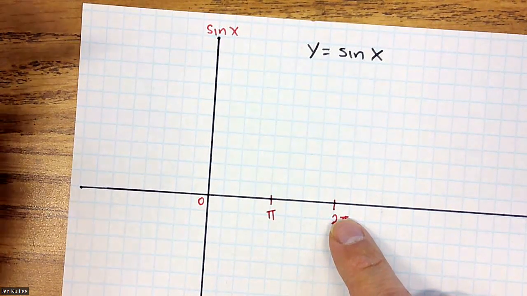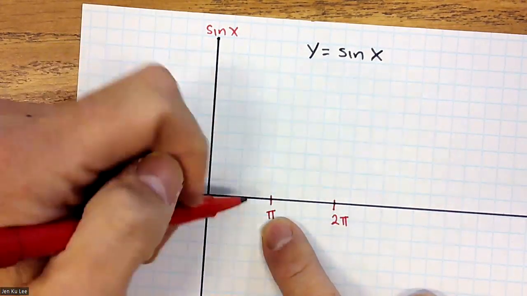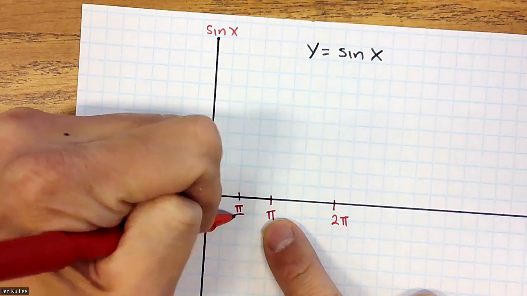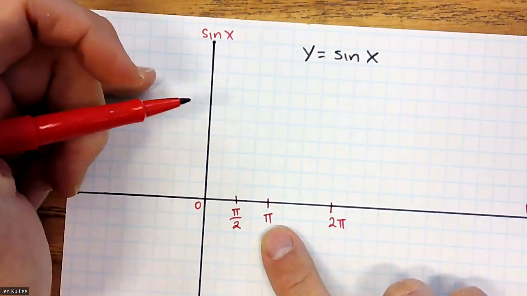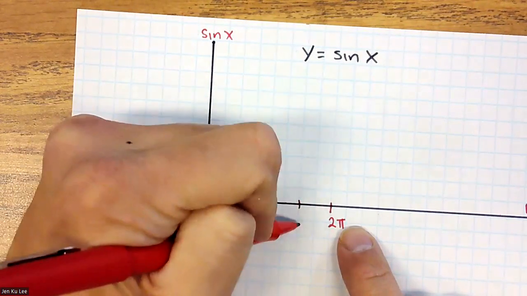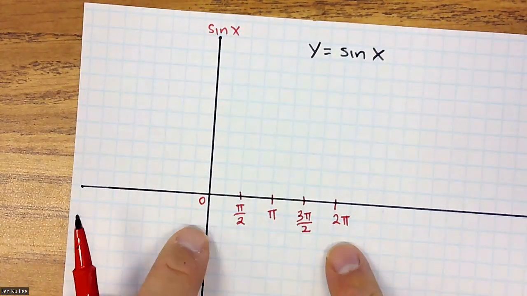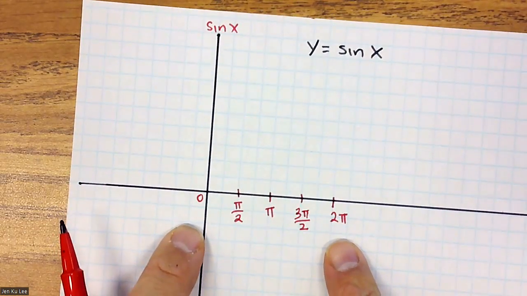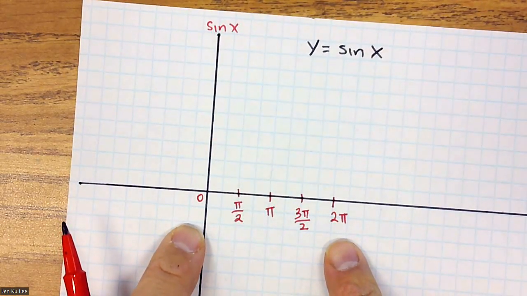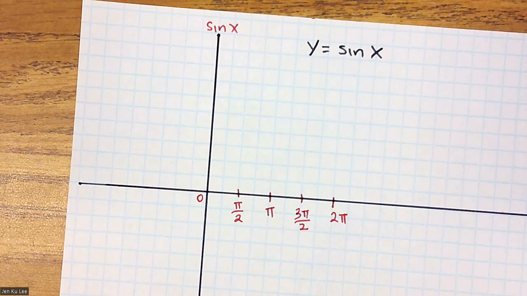Halfway between 0 and pi is pi over 2. And halfway between pi and 2 pi, which is 2 units away, is 3 pi over 2. Questions on the labeling of the x-axis? Pretty simple, right?